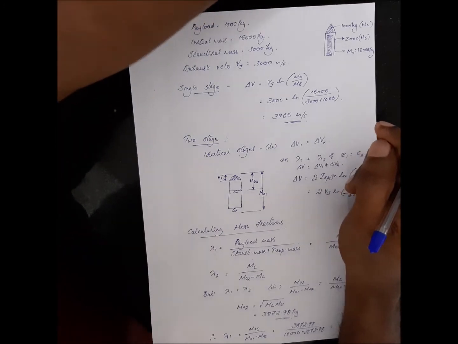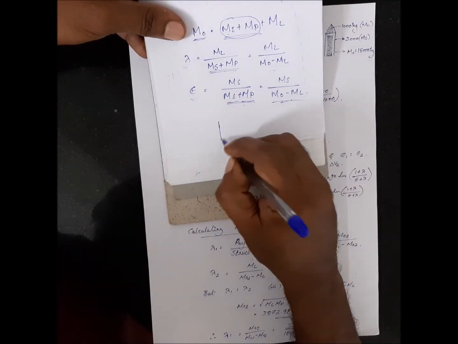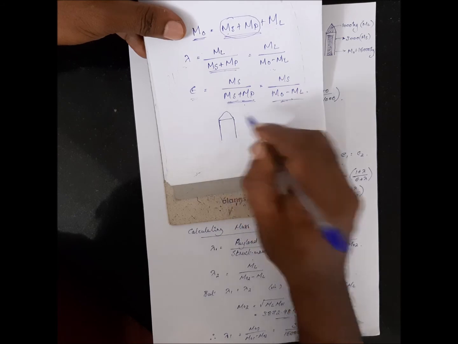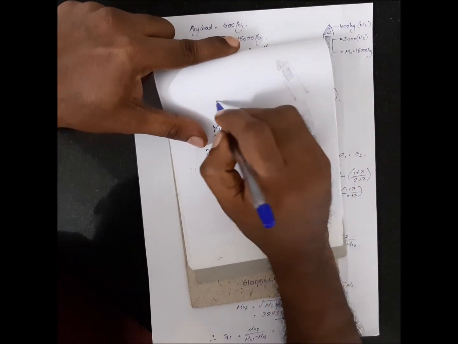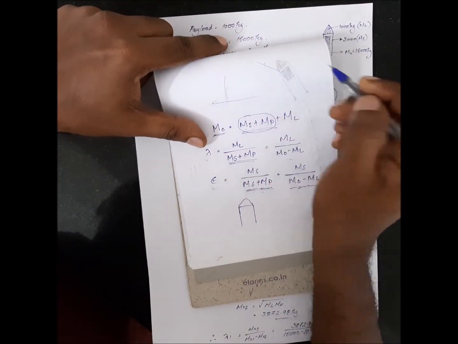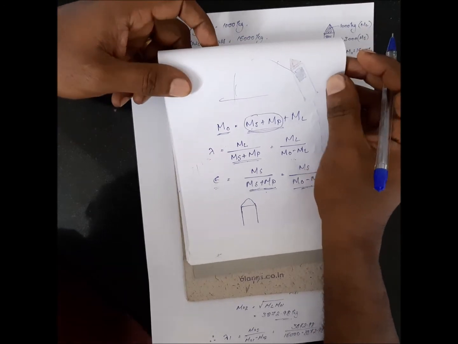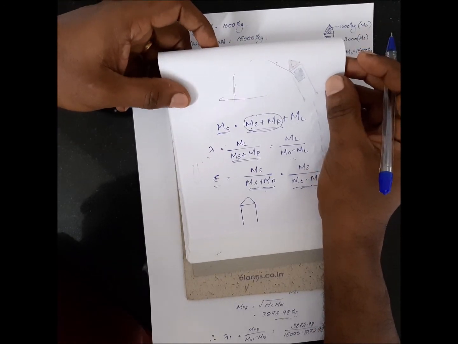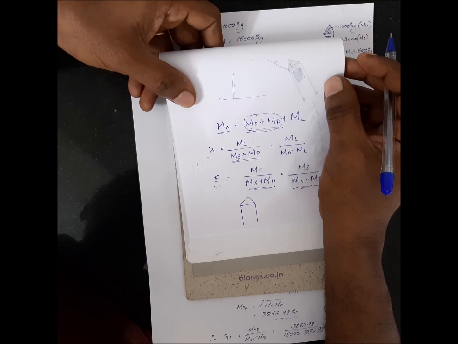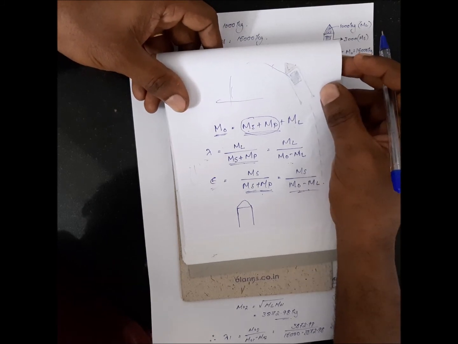Moreover, the important thing you have to note is that single stage, let's say suppose you have to deliver the rocket somewhere at geosynchronous orbit or something like that, very large distance, not just 800 kilometers or 1000 kilometers, something like 32,000 kilometers.